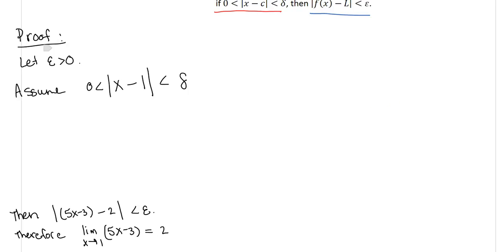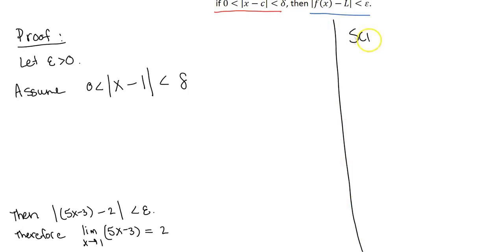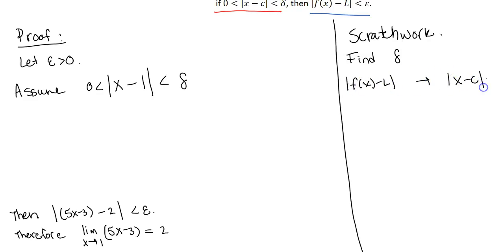So I'm going to take a similar approach to what I started with before, and I'm going to do some scratch work. I'm going to find the delta that I need by working backwards. So I'm going to start off again with f of x minus L, and I'm going to try to get to that x minus c. So I'm going to start off with the absolute value of 5x minus 3 minus 2 less than epsilon.